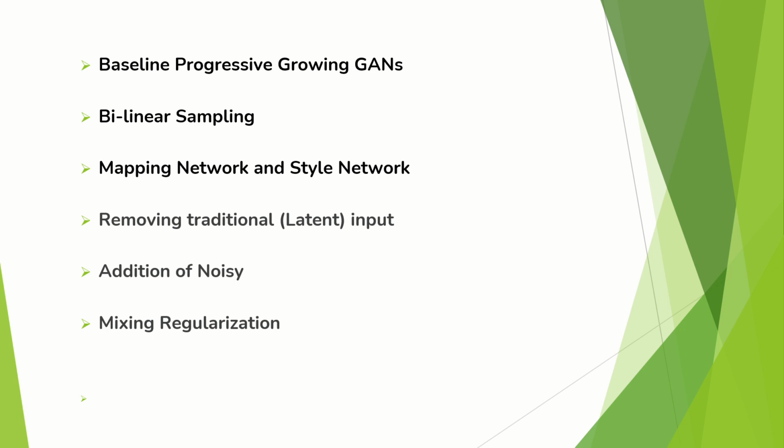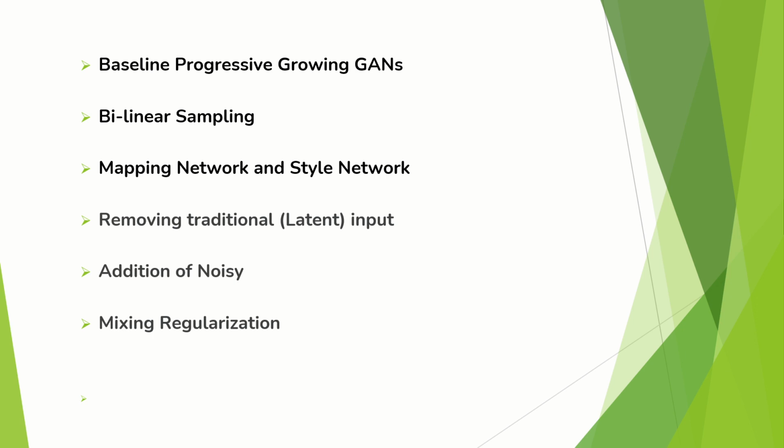The mapping function is implemented using an 8-layer MLP, 8 fully connected layers. The output of the mapping network, W, is passed through a learned affine transformation before passing into the synthesis network, which uses adaptive instance normalization modules; this network converts the encoded mapping into the generated image.